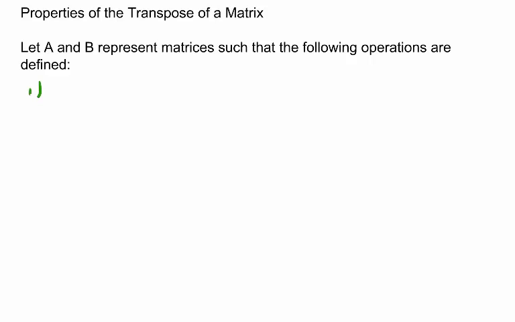First, look at the operation A superscript T to the power of T. This property is called the transpose of a transpose. If we have matrix A and take the transpose of that transpose, it will be simply equal to A.